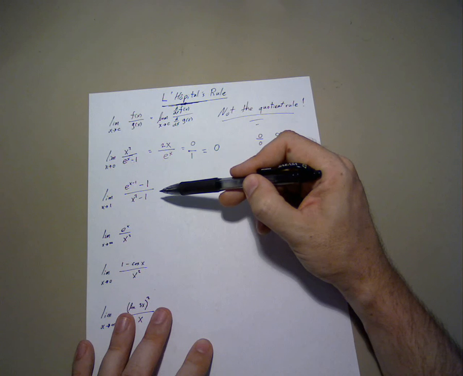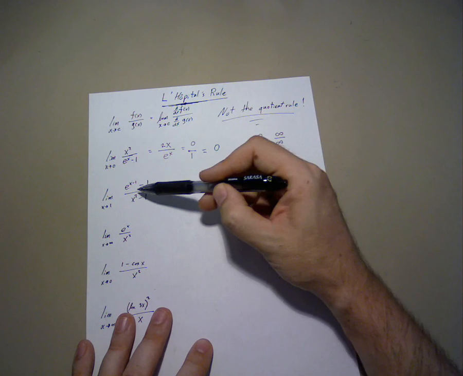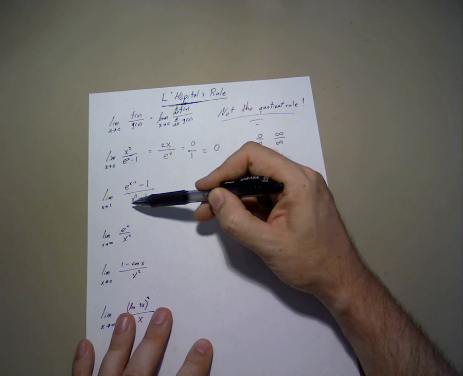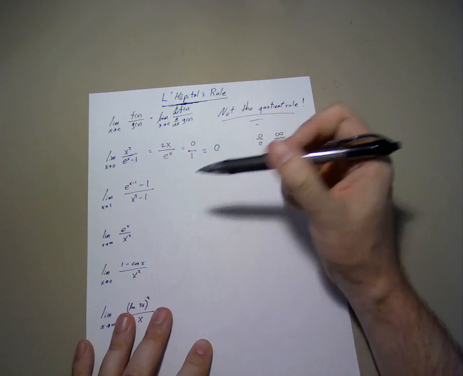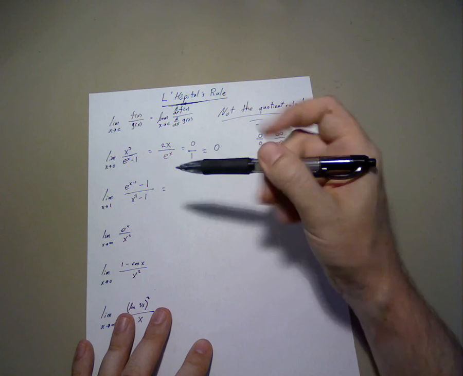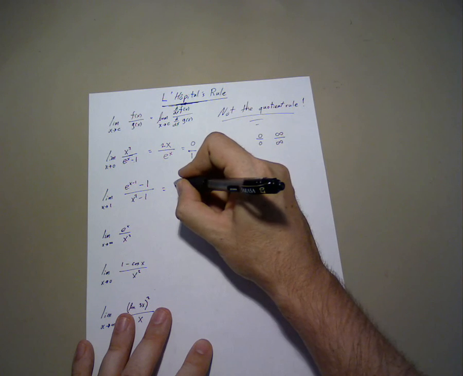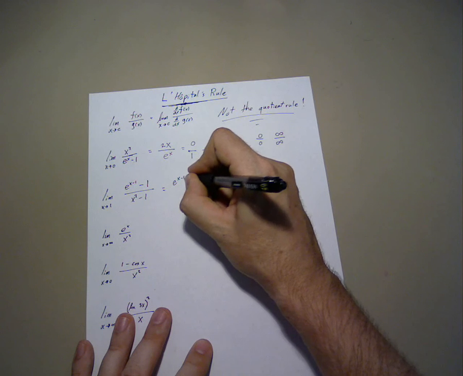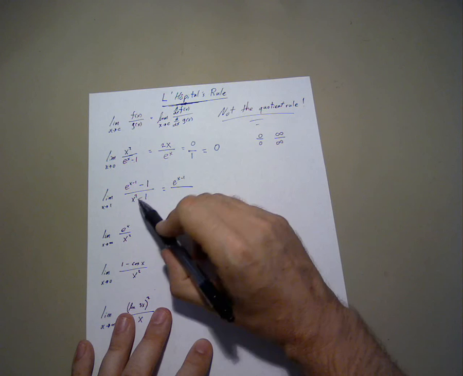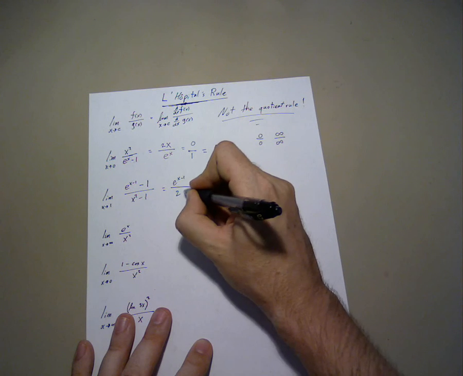Another similar example is given by e to the x minus 1 over x squared minus 1. If we evaluate this, the derivative of the top is e to the x, over the derivative of the bottom, which is 2x.